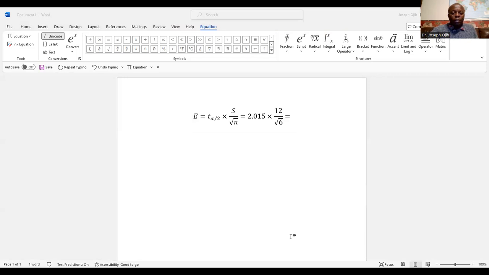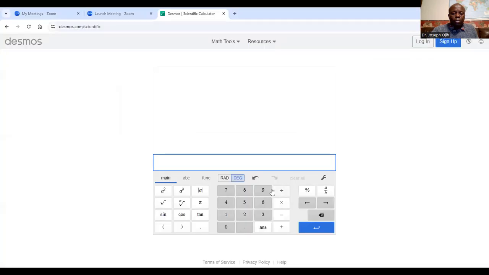We have 2.015 times 12 over square root of 6.